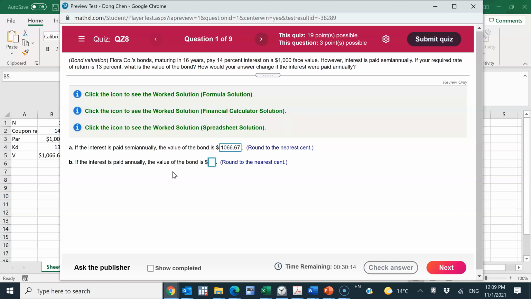So now if we change the interest to be paid annually rather than semi-annually, then the intuition should be the other way around. Then we should imagine the bond value should decrease relative to part A. So if we find the bond value actually increases, then that suggests to us that somewhere in our calculations perhaps we made a mistake or mistakes.